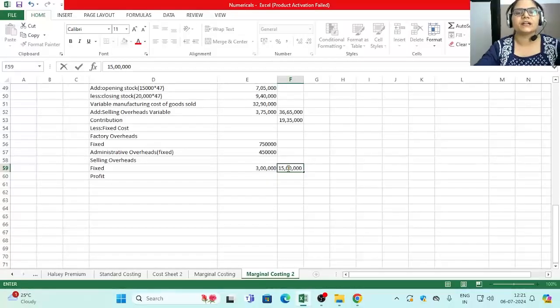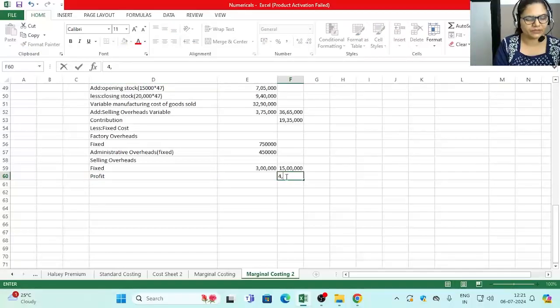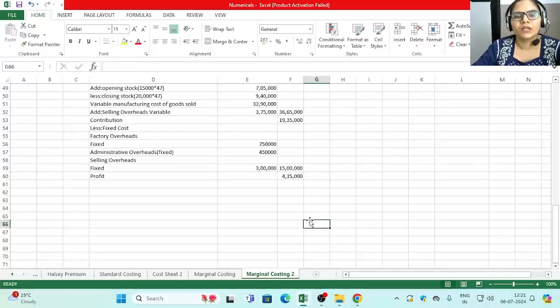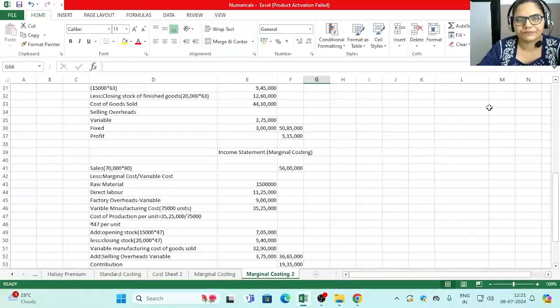And we will deduct this 15 lakh from contribution, and we will arrive at a profit value, that is 4 lakh 35,000. Now this is a profit figure under marginal costing.